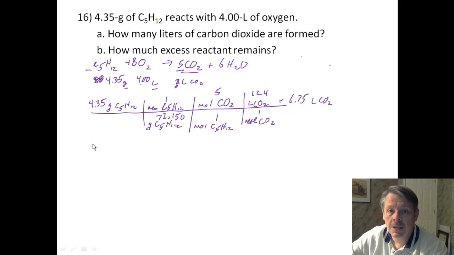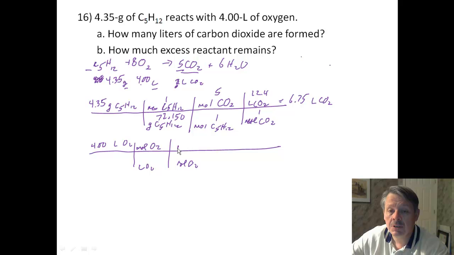Alright, let's do it again, but this time we're going to do it for our oxygen. We have 4.00 liters of oxygen. And I have to convert from liters of oxygen to moles of oxygen, and then from moles of oxygen to moles of, again, carbon dioxide. We have to go to the same thing. We have to be consistent.